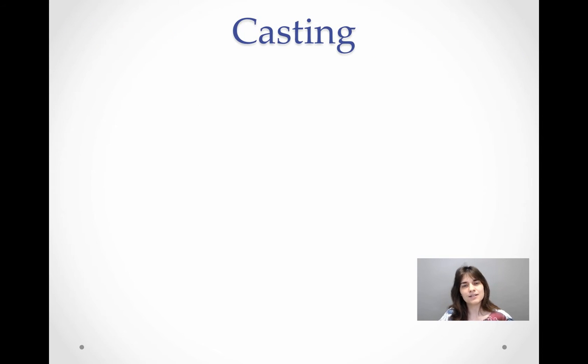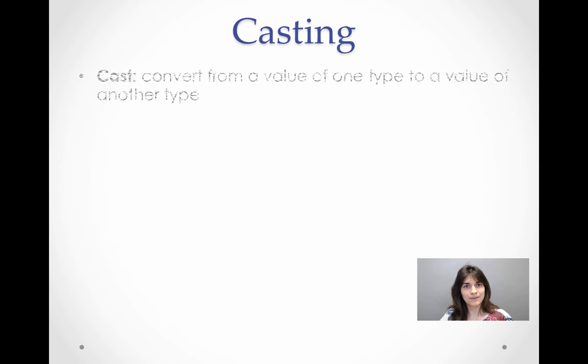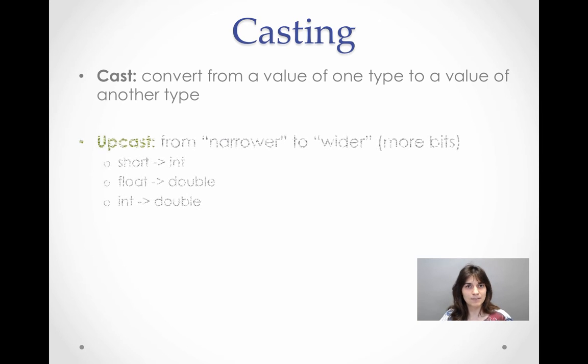And the answer comes through casting. To cast means to convert from one type to another, convert from a value of one type to the value of a different type. And we have two types of casting. One is the upcast, where we are going from a narrower type to a wider type.